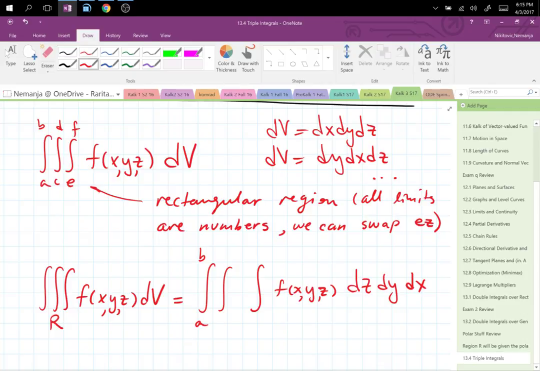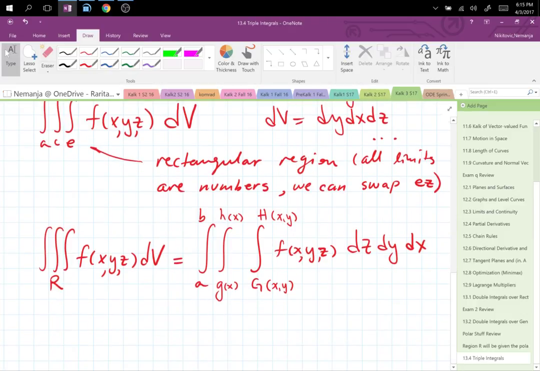Well, dy is the middle integral, which means that the functions inside would be g of x to h of x, because they're only allowed to be in terms of x, because x is going to be integrated last, whereas the capital G can be in terms of x and y, and capital H. So those are the most inner functions.